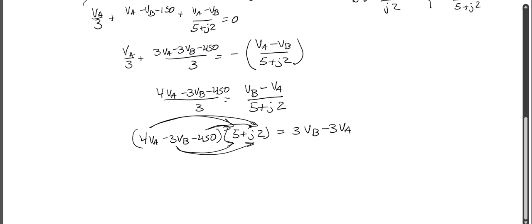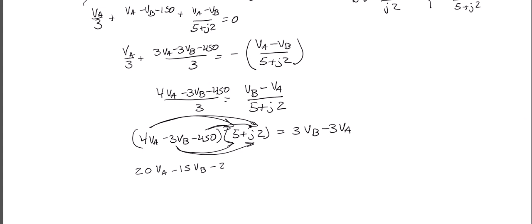And when you do that, you get 20VA minus 15VB minus 2250. It looks like I did everything times 5 first. So I did the reverse order.